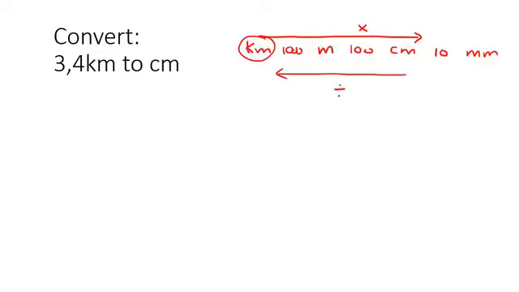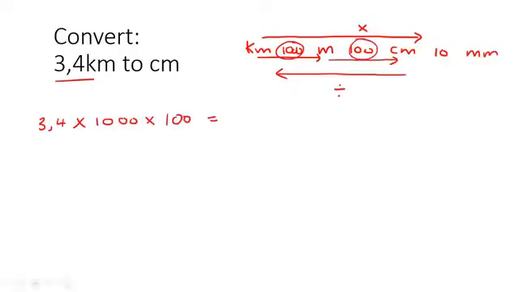So we will say 3.4, then multiply because we're going to the right, and we'll multiply by all the numbers that we see. From there to there, we see 1,000. Then we'll multiply again when we go from there to there. Then you can calculate that, and that'll give us 3.4 and then 4 zeros, and that's going to be in centimeters.